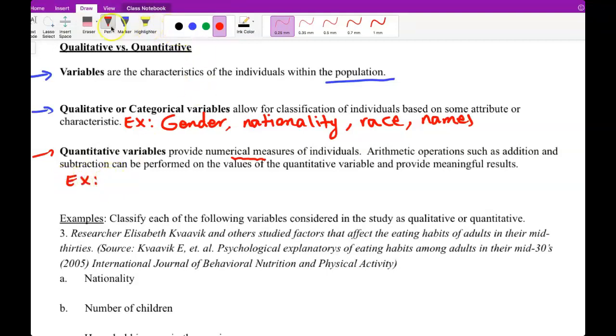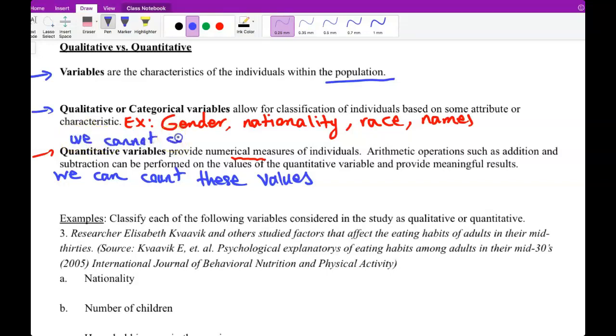So here we can count these values. But for qualitative, we were not able to count, so we cannot count.